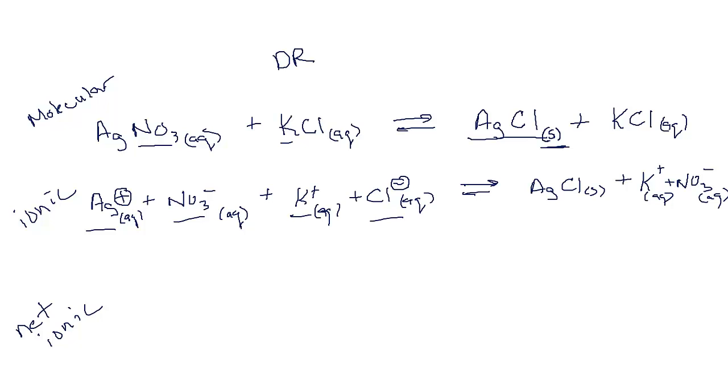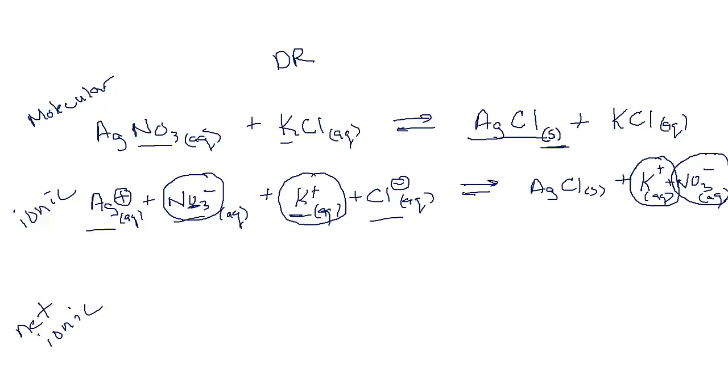So notice again chemically the nitrate ion does not change from the reactant side to the product side. All right. The potassium ion does not change from the reactant side to the product side. And so those are spectator ions, the nitrate ion and the potassium ion.